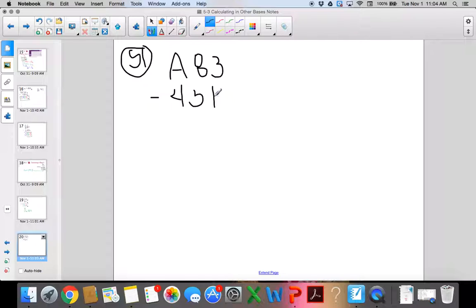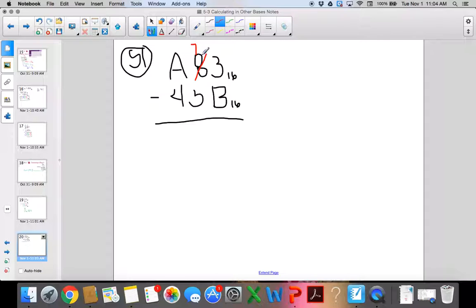Both of these are base 16. So, immediately starting to the far right, you notice that 3 is less than B, because remember, B represents decimal 11. So you immediately should recognize the need to borrow here.